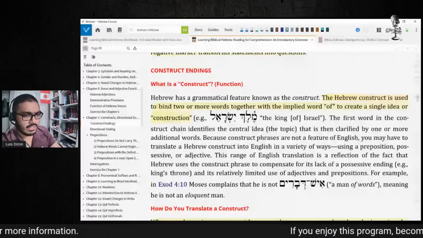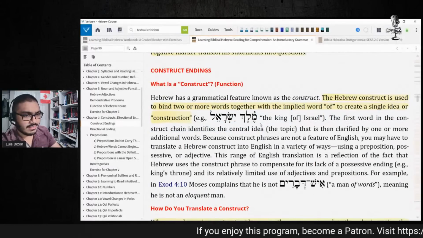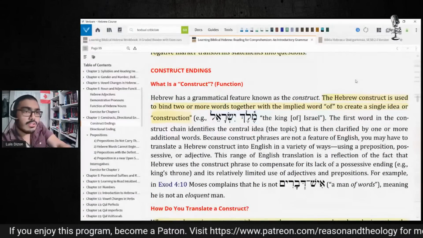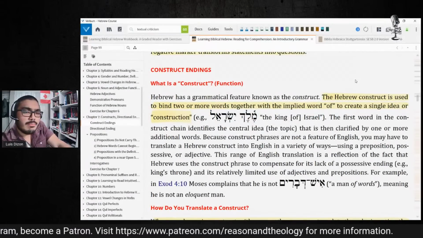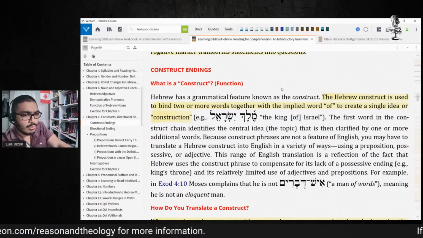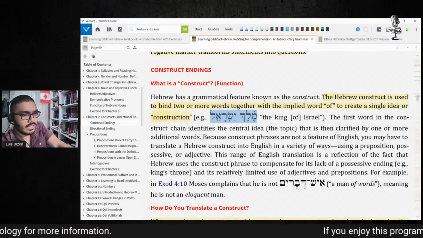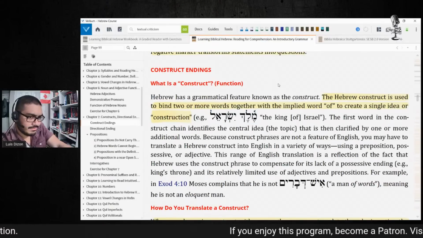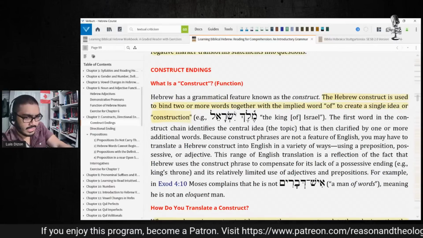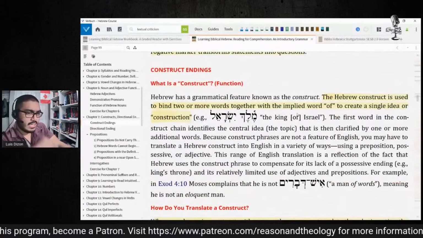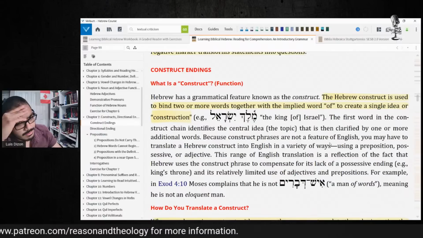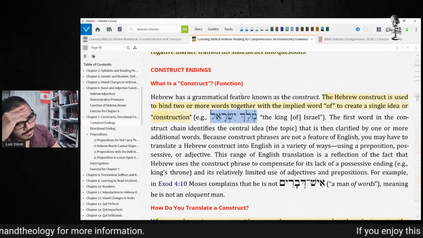So the example given here is Melech Yisrael, which literally means a king of Israel. Hebrew does not have a word for of, so it is implied whenever a construct form is used. So just try to imagine the invisible of that binds these constructs together. And a construct can have any number of nouns in the sequence, but there will always be a minimum of 2.